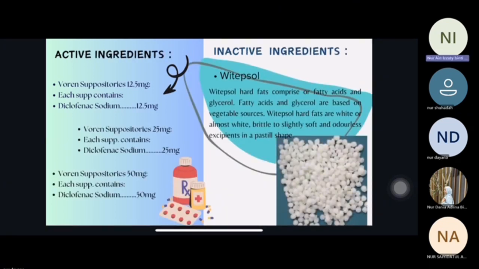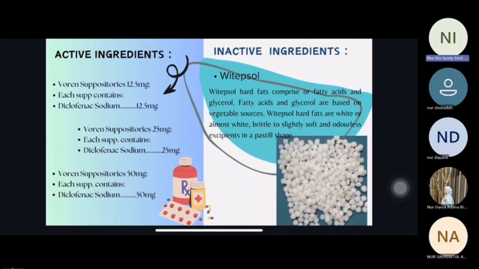The active ingredient in Voren suppositories is diclofenac sodium, which has three strengths: 12.5 mg, 25 mg, and 50 mg. The inactive ingredient is white salt.